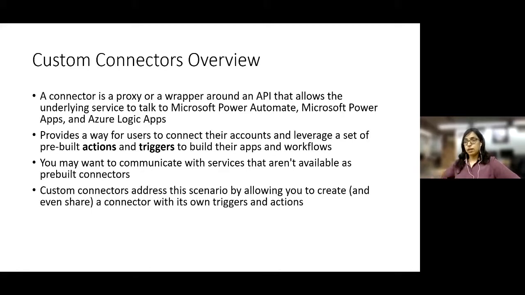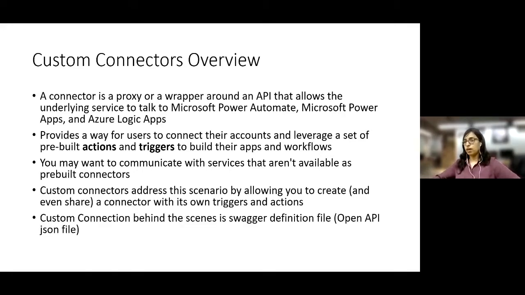So custom connectors address a scenario where something is not available as a pre-built connector. So you'll build your own connector to do that, okay? You can build your own triggers or your own actions and triggers. Those are connectors available in Power Automate, Power Apps, or Logic Apps. So a custom connector behind the scenes is a Swagger file.